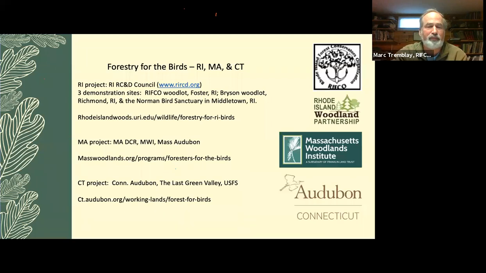And the Mass project is hosted by the Mass Wildlife Woodlands Institute and Mass Audubon and the Mass DCR. The URLs are up there. And the Connecticut project is hosted by Audubon Connecticut, not to be confused with Connecticut Audubon, two different organizations, but Audubon Connecticut, and that URL is correct there, has their program along with the U.S. Forest Service in the Last Green Valley.